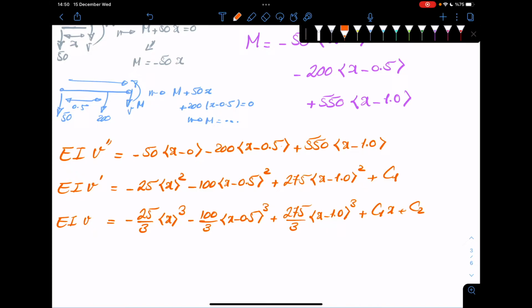Okay, now that you have this, all you need to do is to insert the boundary conditions to compute C1 and C2.